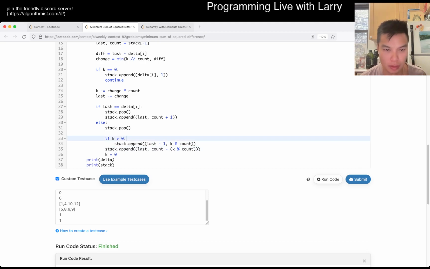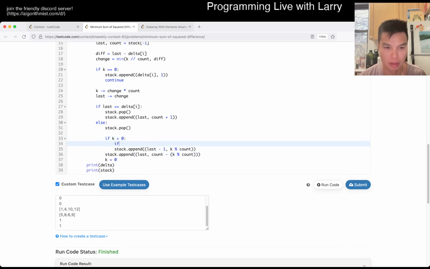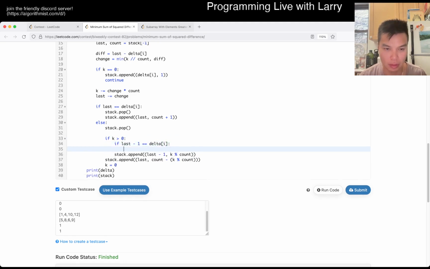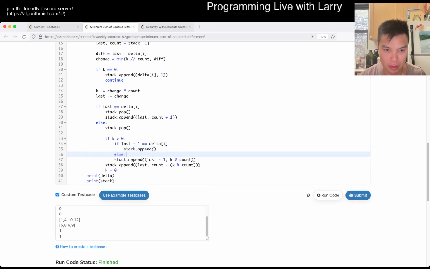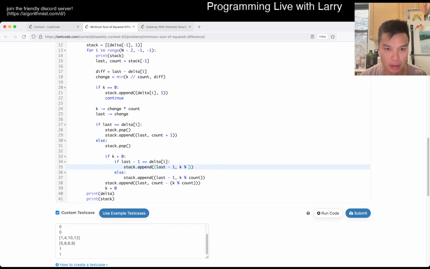Okay. I don't even know if this is right. This is going to be so long. Otherwise, if this is not the case, then we do this, and then we would.